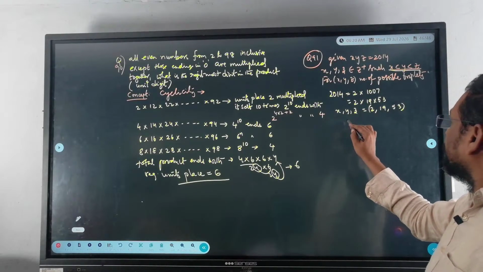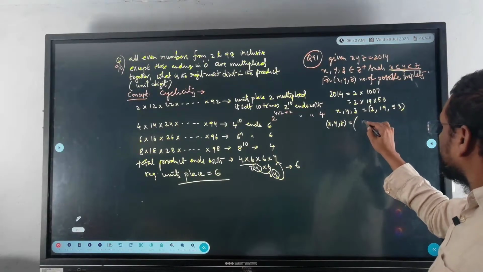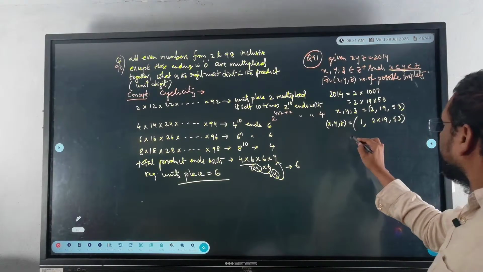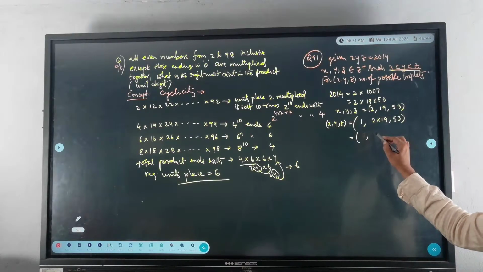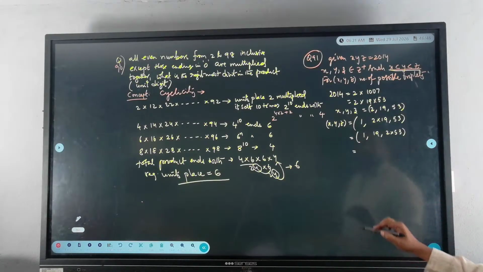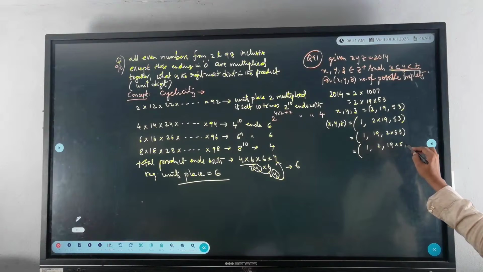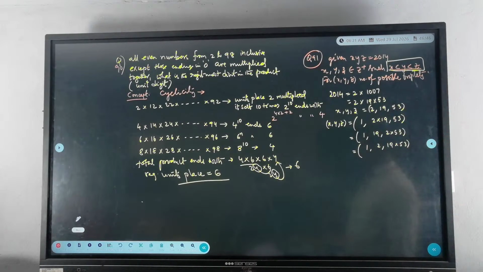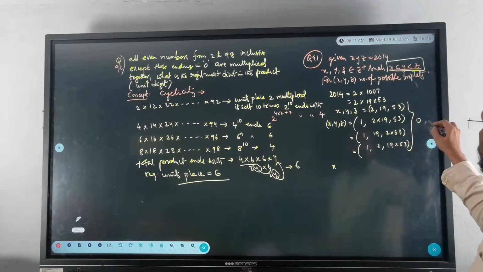These all satisfy x less than y less than z. So how many cases? 4 cases.